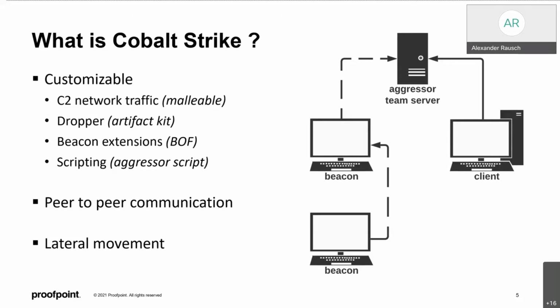Some examples for the use of aggressor scripts would be to integrate CobaltStrike in a chat solution to get notified of new shells or to automatically triage a system when a new beacon connects. Beacons can also connect to each other to form a peer-to-peer network, which is useful when operating in a properly segmented environment where the public internet may not be reachable from machines deep within the target network.